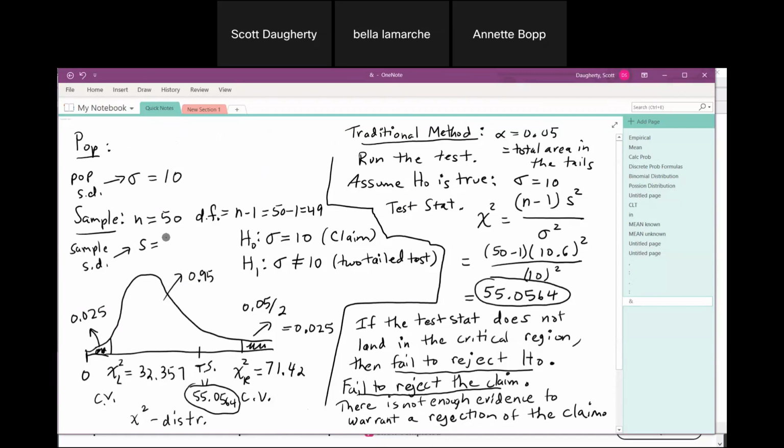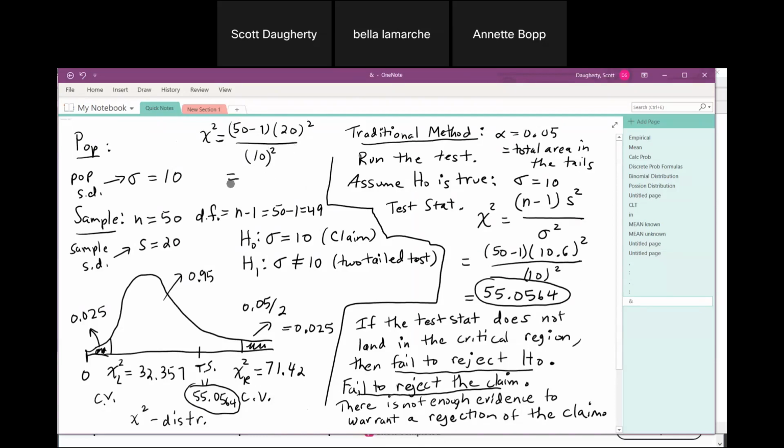So suppose S was 20 instead of 10.6, okay? Then what would your test statistic have been? Playing around with this a little bit so you can see how this works. The only difference would be that instead of 10.6, you put a 20 in right here, right?